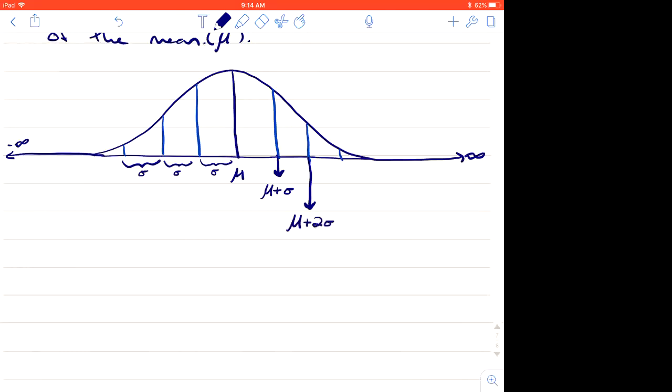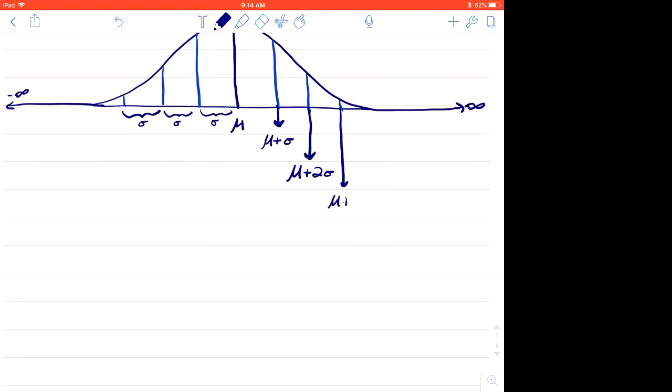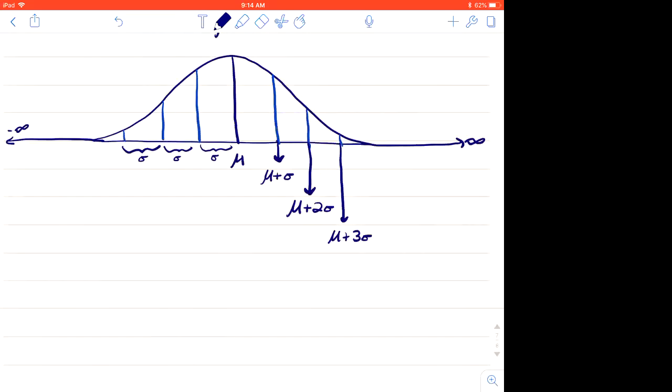We moved out 2 standard deviations to the right. And here we've moved out to mu plus 3 sigma. Same idea on the ones below the mean.